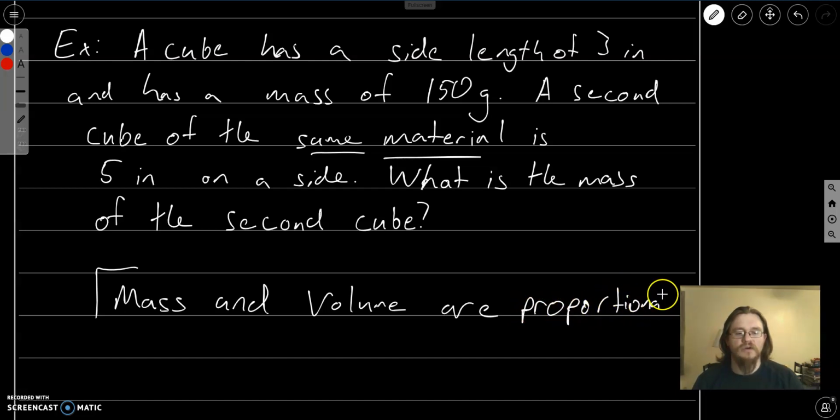So what does this mean? We need to find the mass and the volume of the cube, and that same proportion will hold for the second cube.